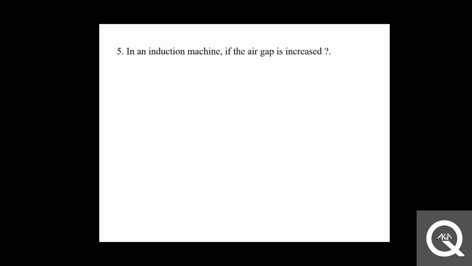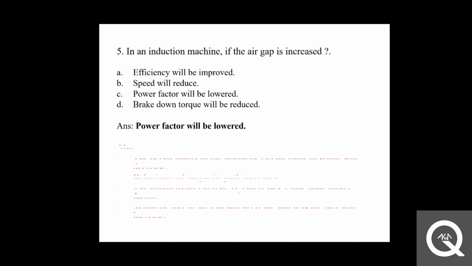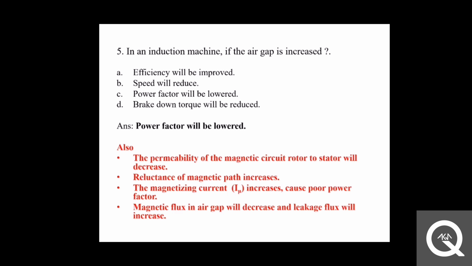Next question. In an induction machine, if the air gap is increased, options are efficiency will be improved, speed will reduce, power factor will be lowered, breakdown torque will be reduced. The answer is power factor will be lowered. If the air gap of an induction machine is increased, the permeability of the magnetic circuit, that is rotor to stator, will decrease.